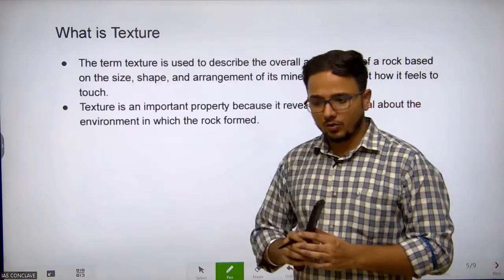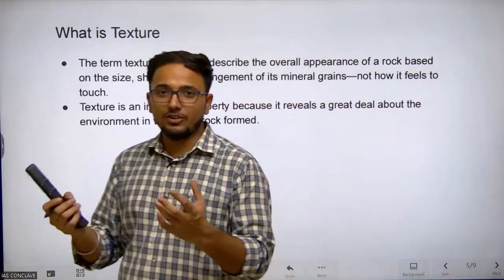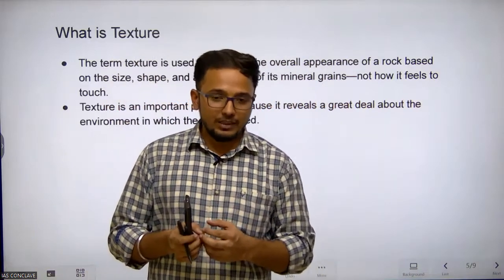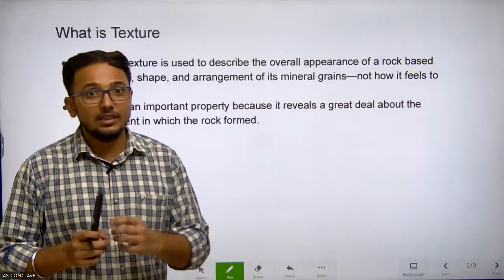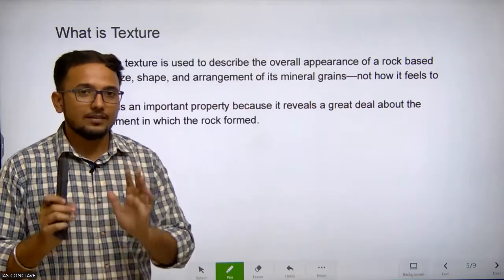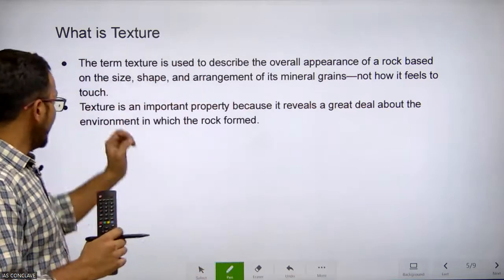What is texture? We feel and imagine that texture is the appearance of the rock, but it is not true. What is texture then?